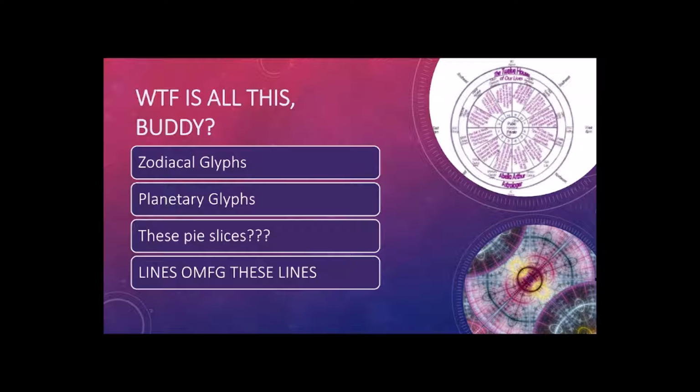I wrote this as the pie slices, which is essentially your houses, and the lines. The frickin' lines. Lines are very visually overwhelming, I understand. These are the aspect lines. They show relationships between the different points and planets in the chart.